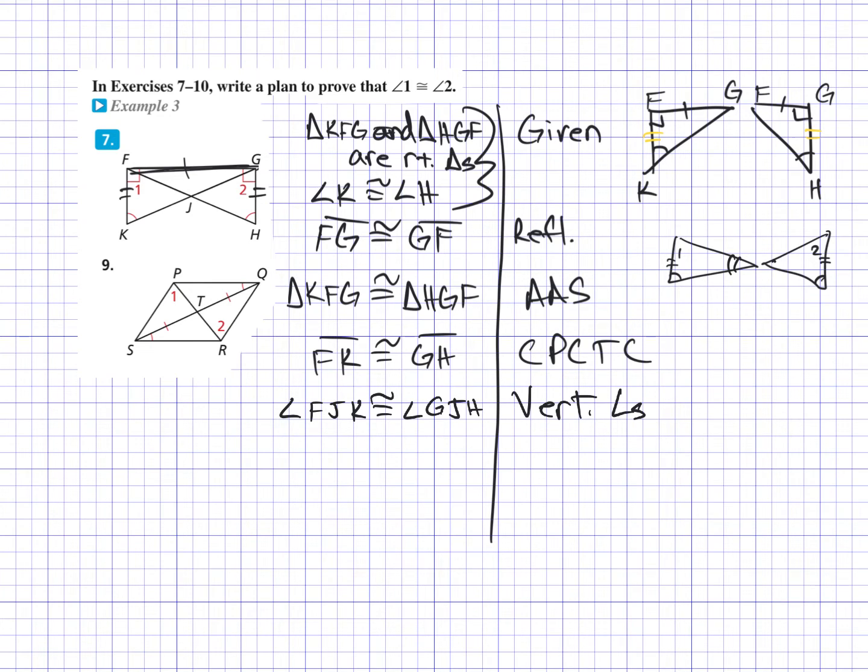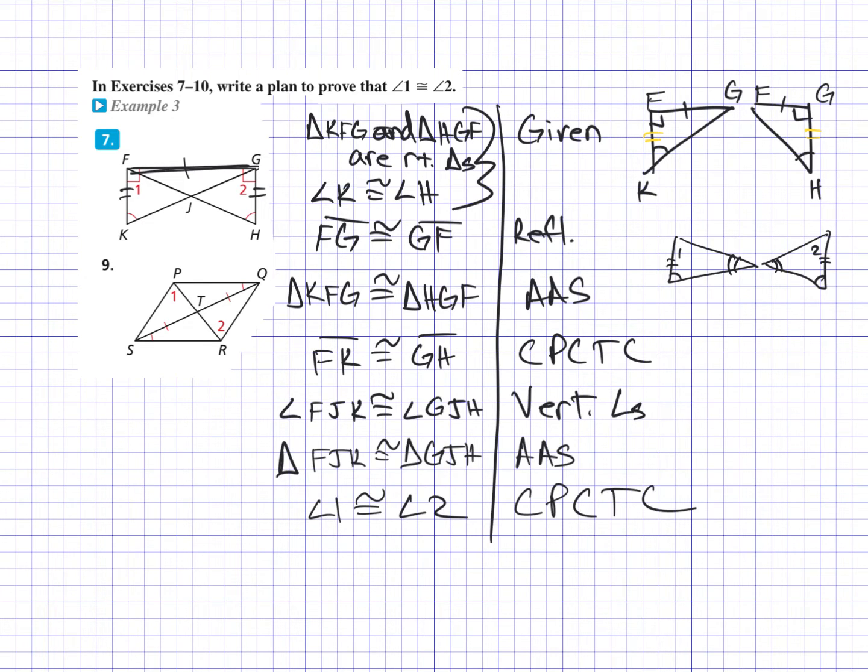All right, so we can mark that. And now you have triangle FJK is congruent to triangle GJH, angle, angle, side. And if that's the case, angle 1 is congruent to angle 2, CPCTC. So let's erase all this and then do number 9.